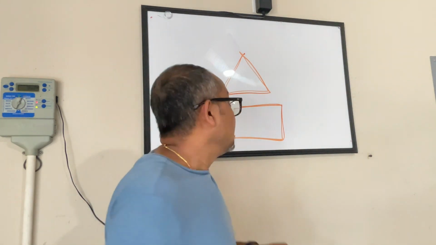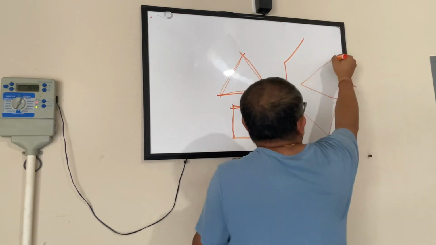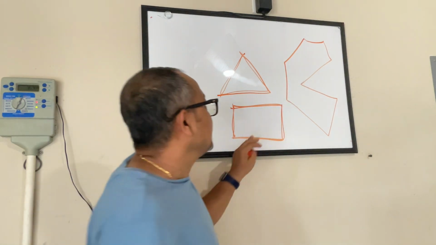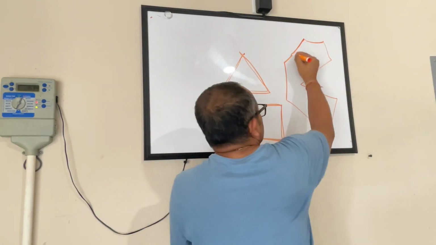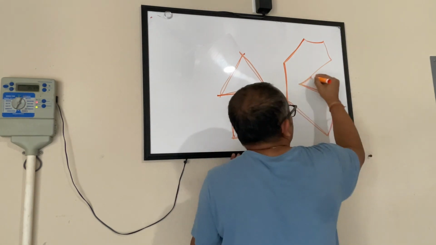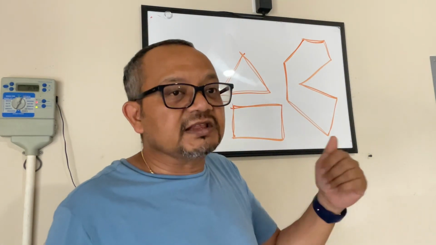If somebody says find out the perimeter of this shape, what is the perimeter of this guy? You will find out this length plus this length, plus this length, plus this length, and so on. Yeah? You have to just sum it up. The length of the boundary is what is called perimeter. Yes, Salini?